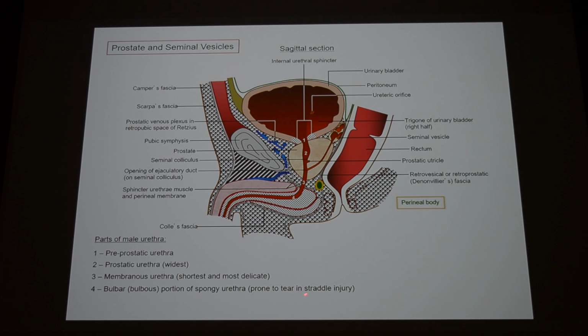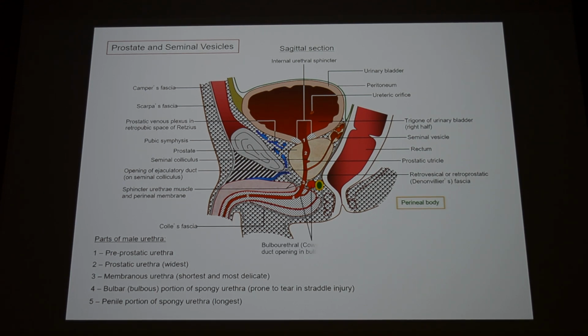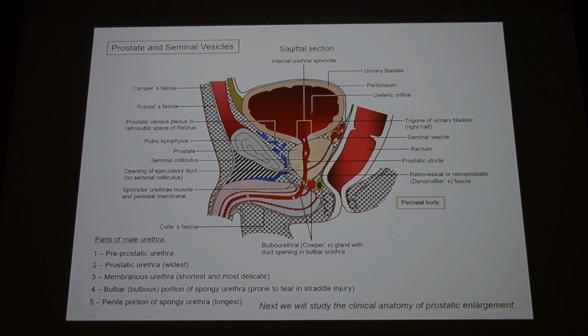And I talk about straddle injury. I talk about if you land upon the bar of a bicycle, or you land upon a manhole cover. So this is the penile portion, and this is the bulbar portion of the male urethra. And then it ends with a navicular fossa, and then we have the external urethral meatus. Are we good with that?